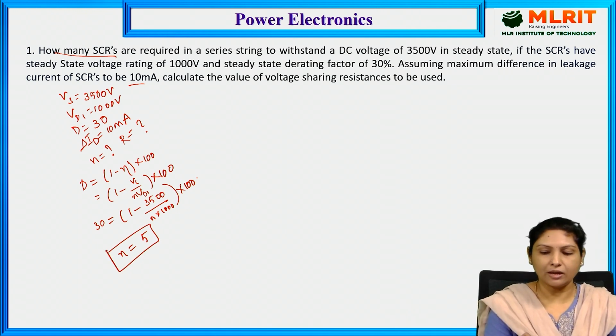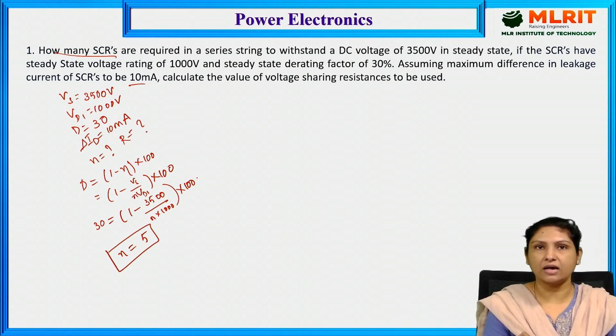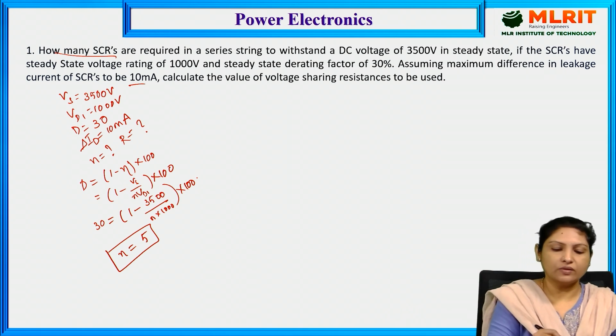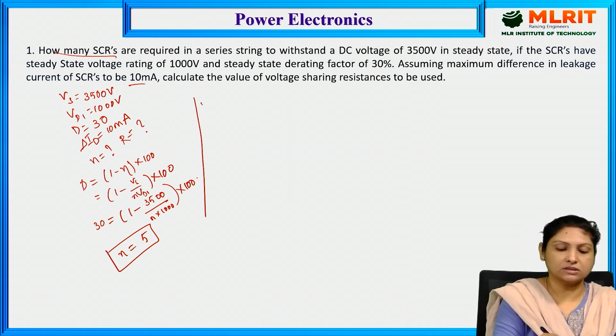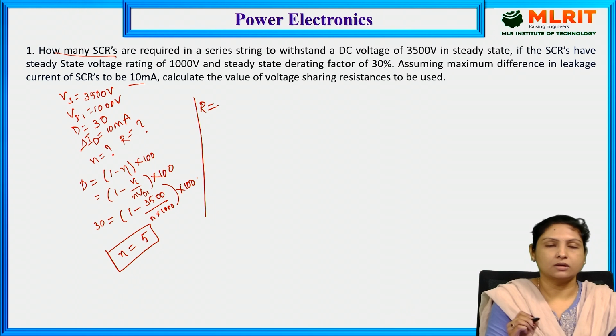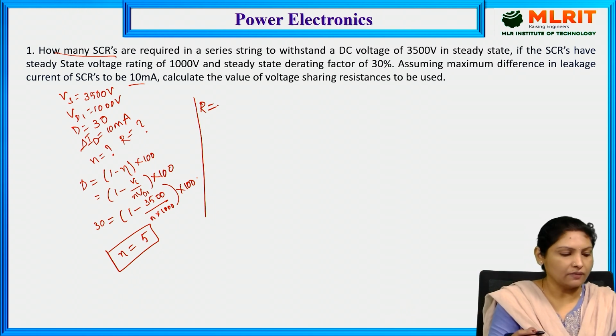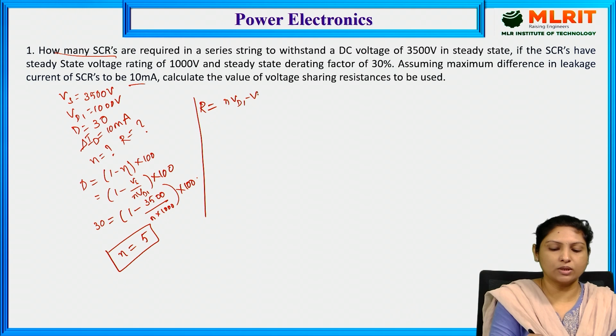That is one parameter which was asked. And the other thing is, we need to find out the value of the resistance. For that, we have the formula R equals (N into VD1 minus Vs) divided by (N minus 1) into delta ID.